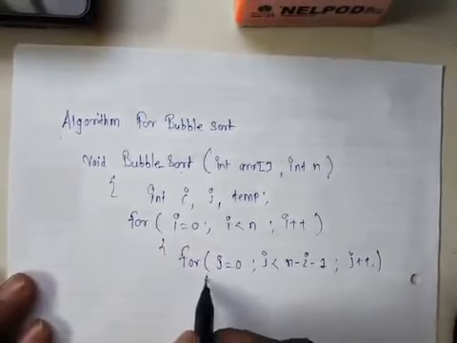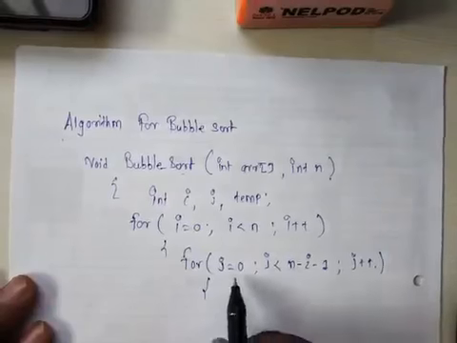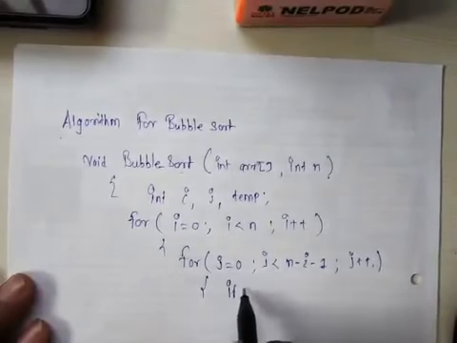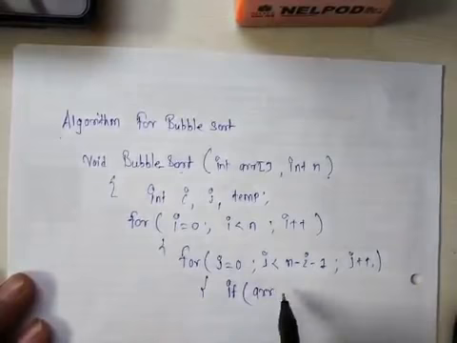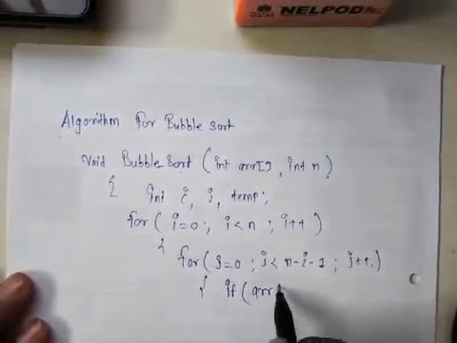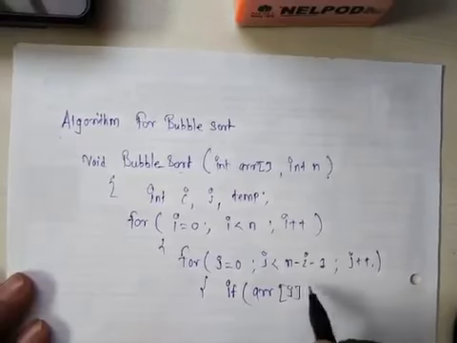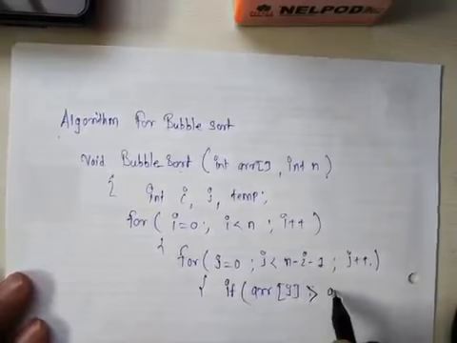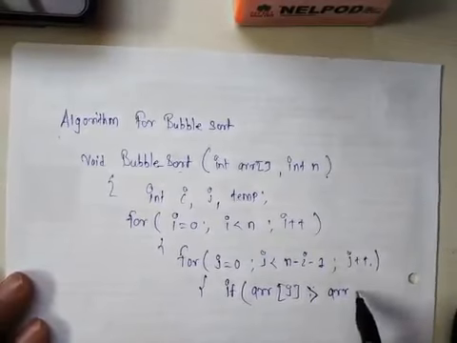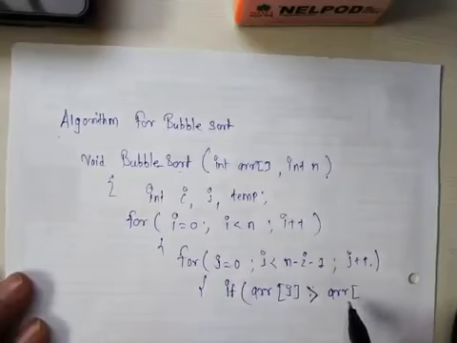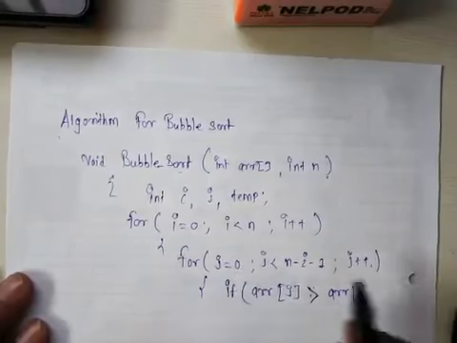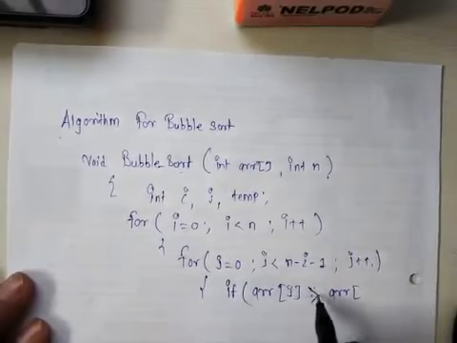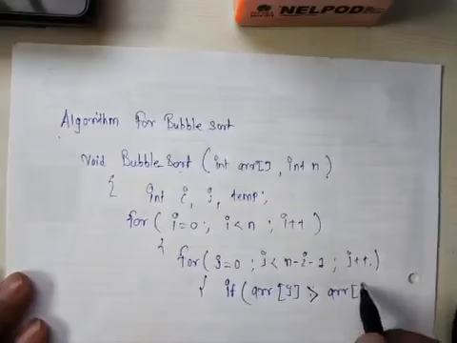That is the closing of this for loop. Then I'm going to check if array of j is greater than array of j plus 1, here using the j for loop.